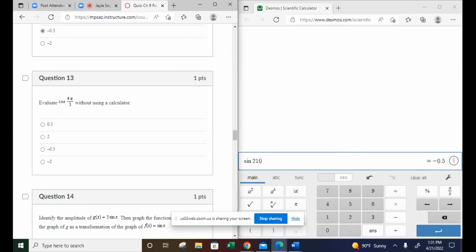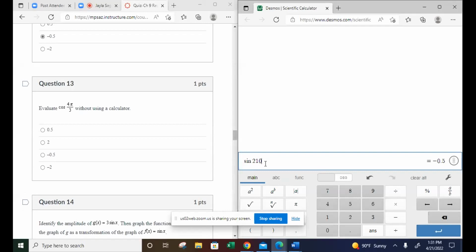Okay. So the next one is in radian, and you can tell that because it doesn't have a degree symbol. Yeah, I would do a parentheses.